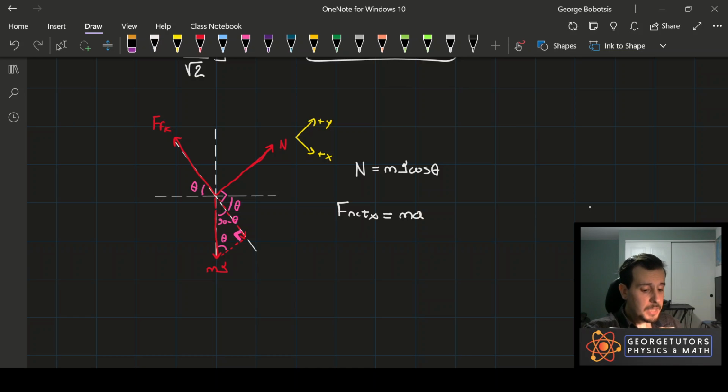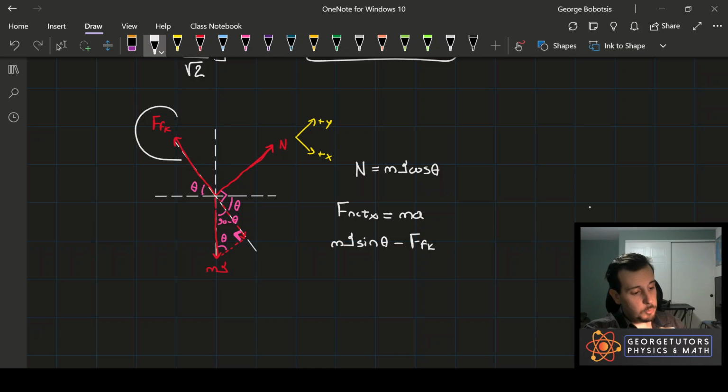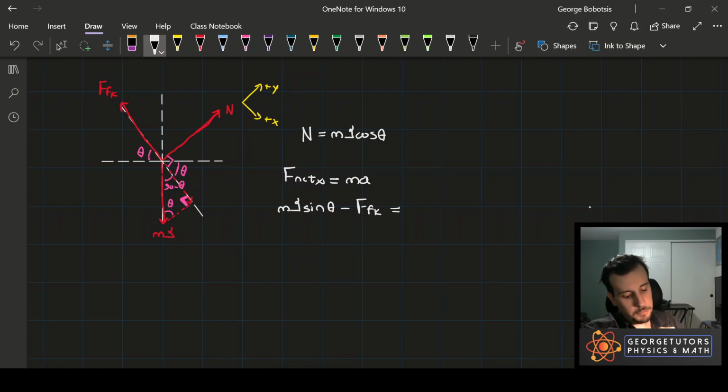For the forces acting along the x, we have this x component of mg, which is mg sine theta, just like before. But this time around, this is getting dampened by the kinetic friction. And again, we can see why the negative sign, because this friction goes against our choice of positive x here. So all of this is equal to mass times acceleration.